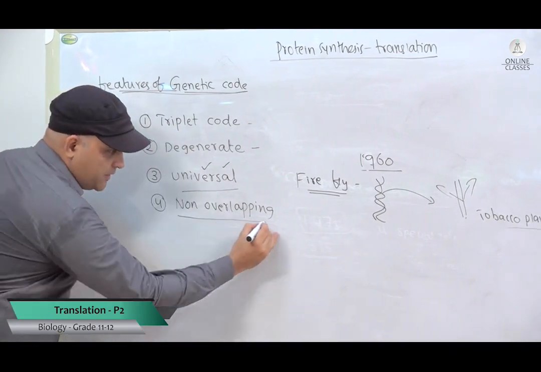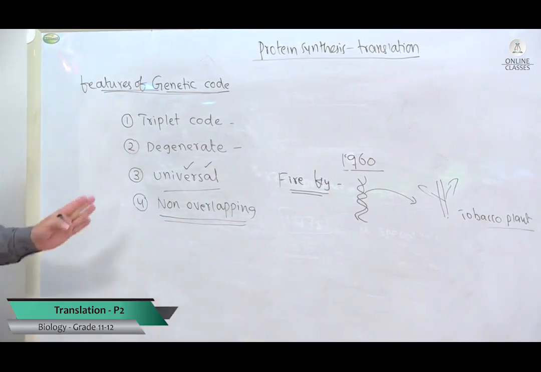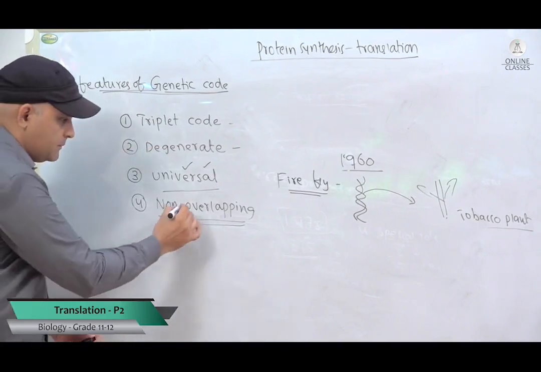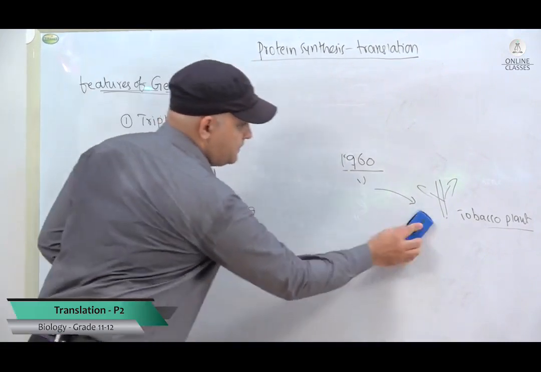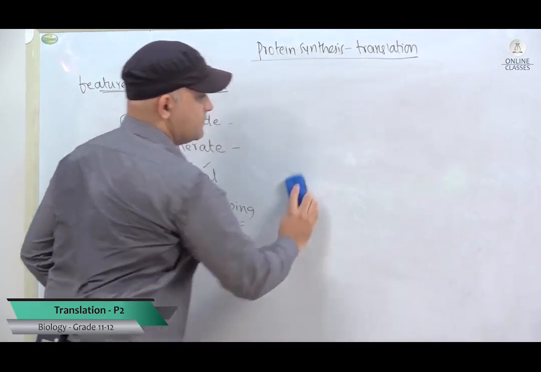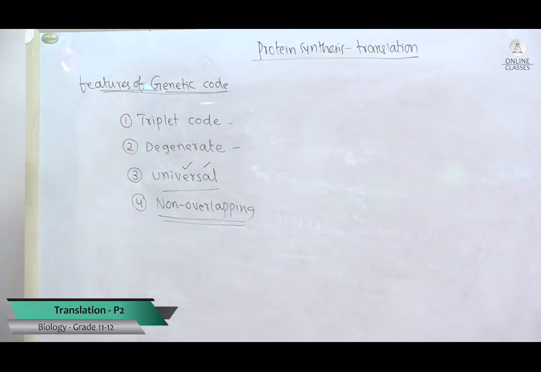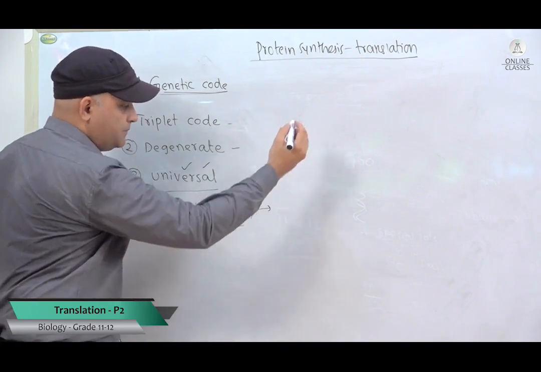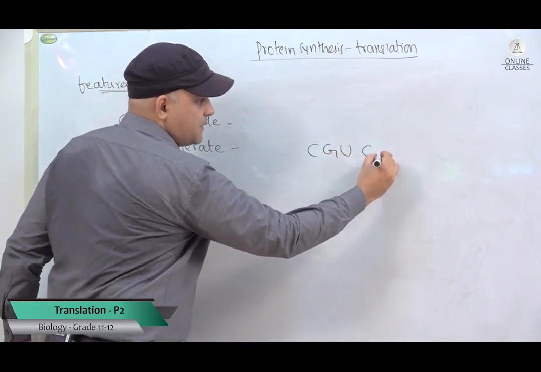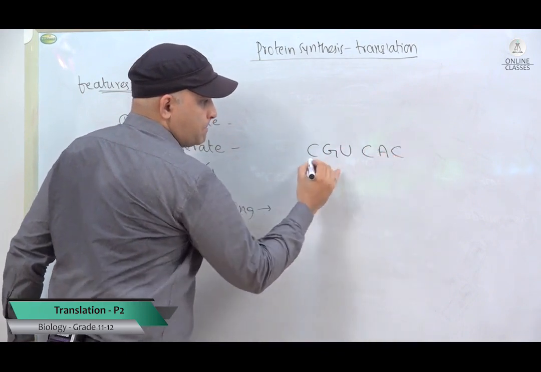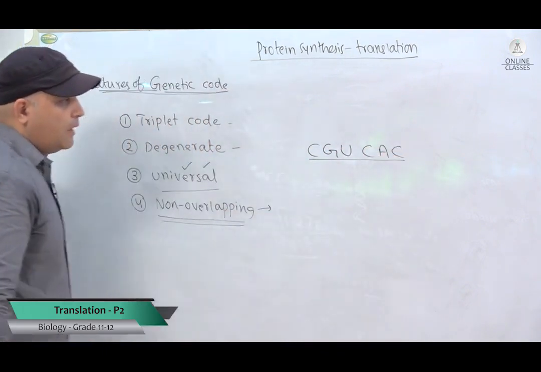The next thing that we are going to discuss is that our code is non-overlapping. So what is non-overlapping? I can take an example. If I take a sequence like this on the mRNA, what do you expect?